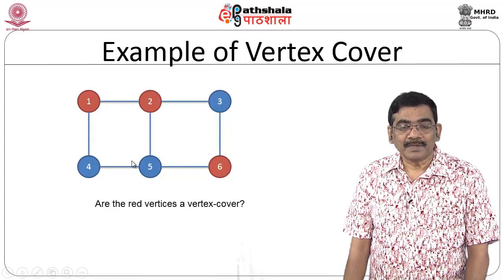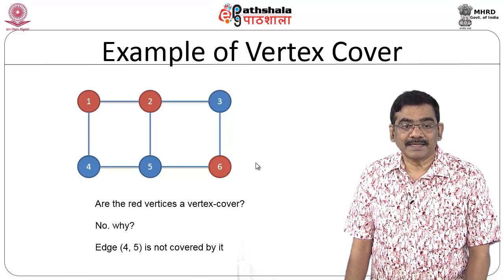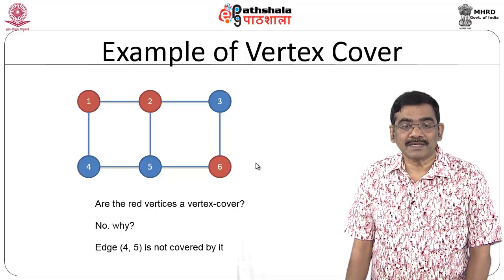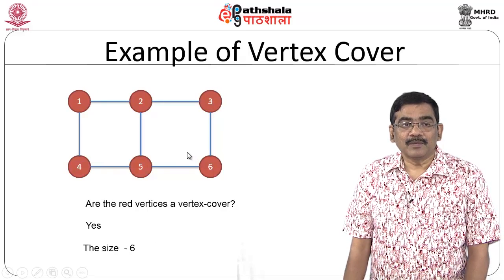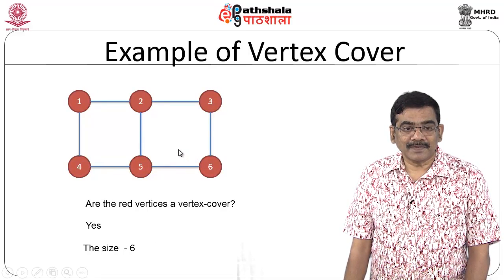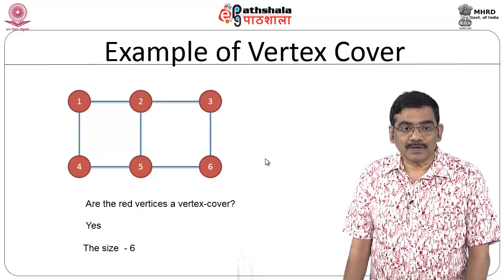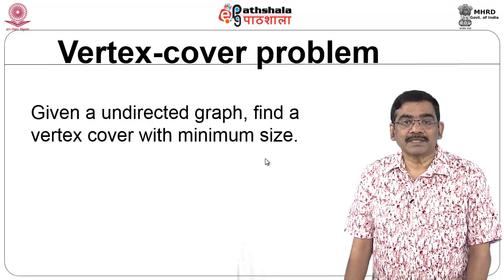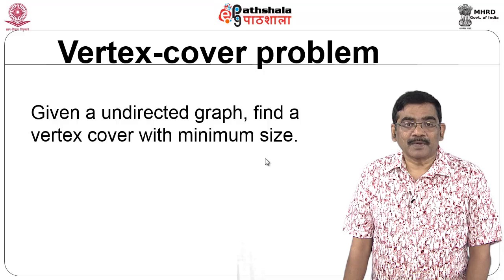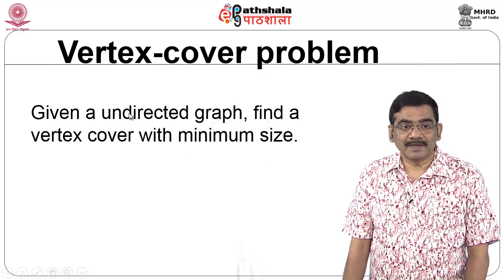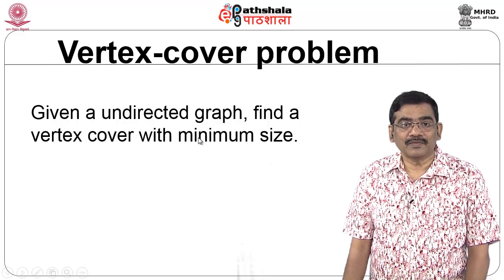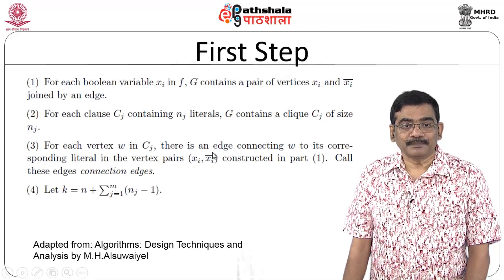Is it a vertex cover? Yes, it is, but it is of size 6, so it is also not optimal. In short, the vertex cover problem is: given an undirected graph, find the vertex cover with the minimum size.